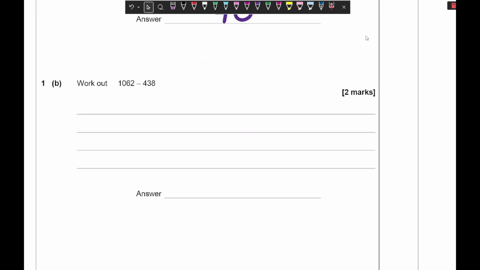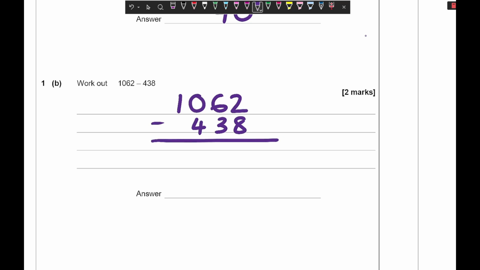Next, it's asking me to work out 1062 minus 438. So if I correctly set out this question using columns, and we're subtracting. Now the key rule with subtraction is that the top number needs to be bigger, so we may need to borrow. So 2 minus 8 is not possible, well, actually it is possible, just not in this way of working with subtraction.